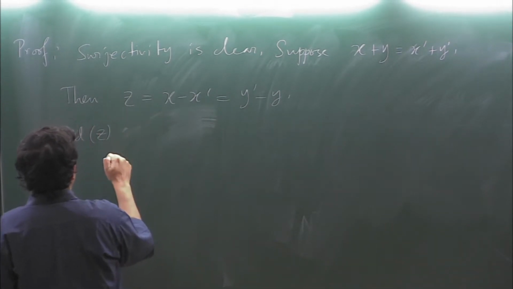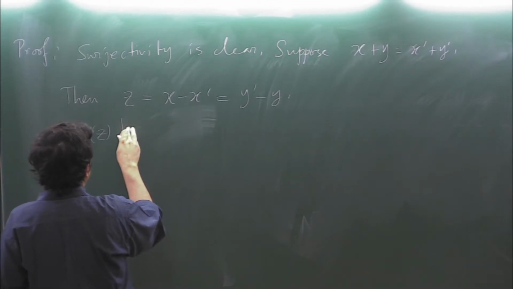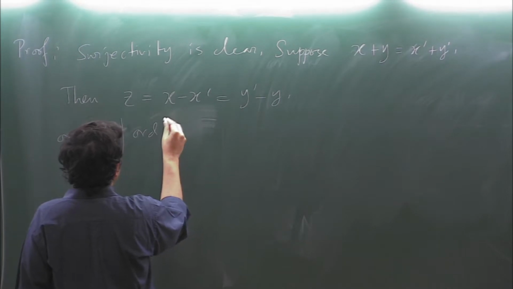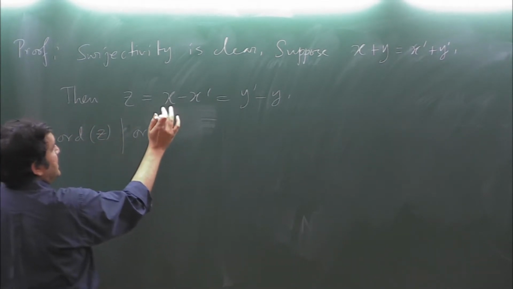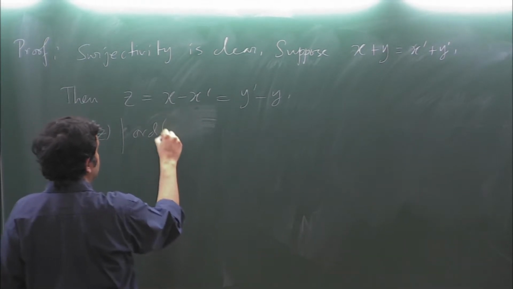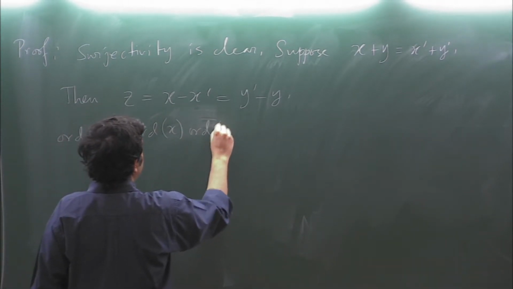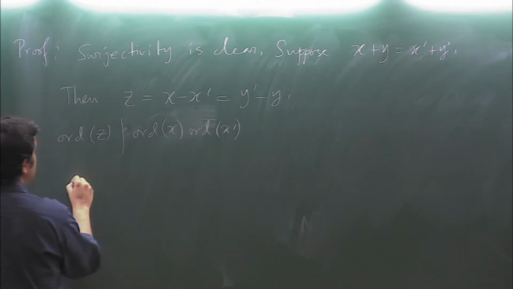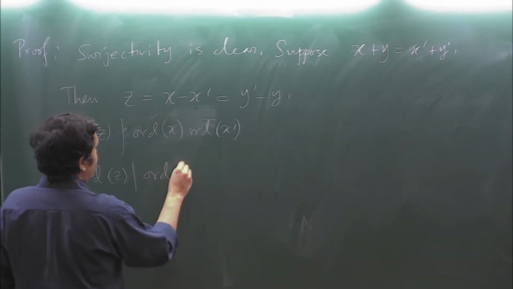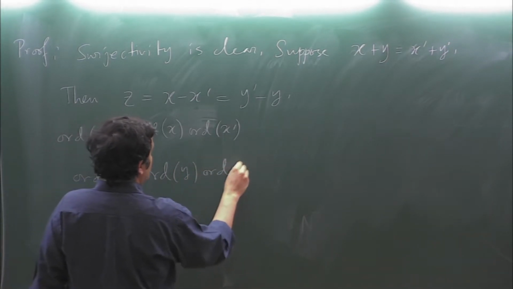The order will be the LCM of the two denominators, so it will divide the product of the denominators. This is order x times order x prime. Similarly, order z is a divisor of order y times order y prime.